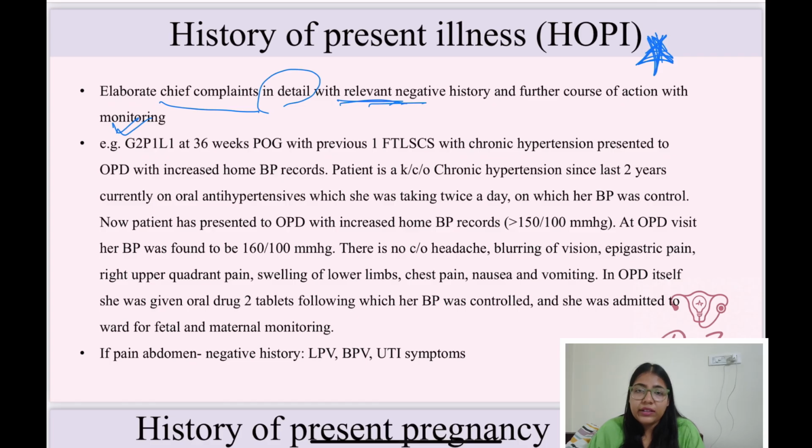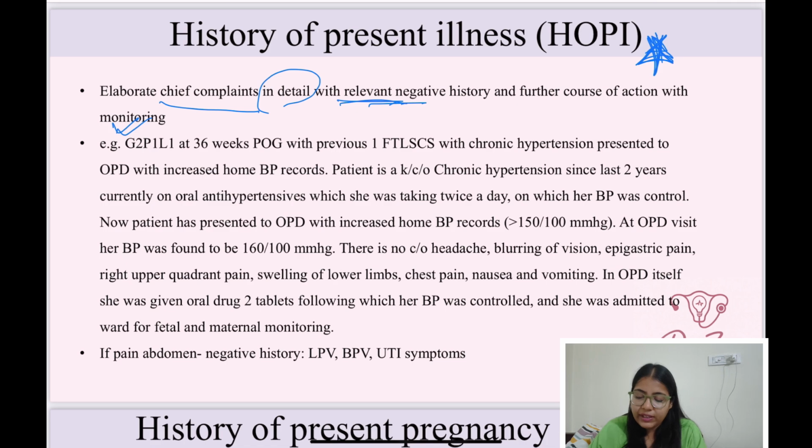So you should mention what problems the patient had, only raised BP or any other symptoms of preeclampsia, and then you should mention the relevant negative history, and then why she is being admitted, whether her medication has been changed or not, and what further actions you have taken, how you have done further maternal or fetal monitoring. All you should mention in history of present illness.